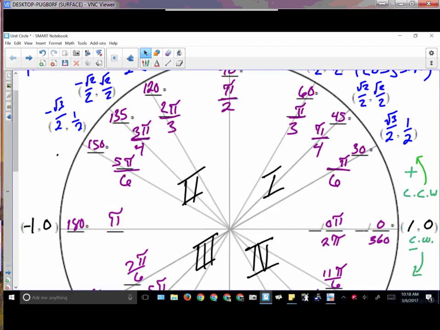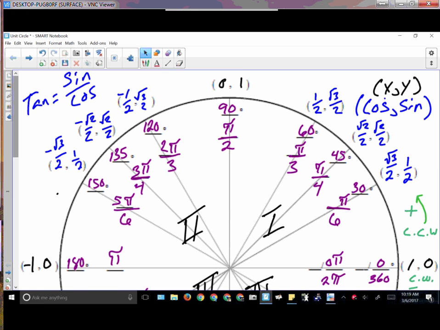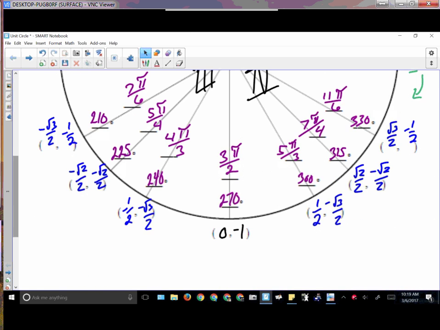Those are the only values we're going to be getting out of this thing, right? We can't get a number for x larger than 1. We cannot get a value for x smaller than negative 1. That's just the way it is. Likewise for the y. Can't go above 1. Can't go below negative 1. This is what it's going to be.